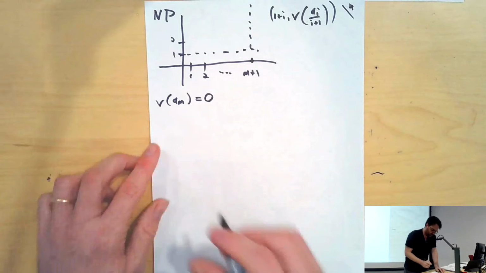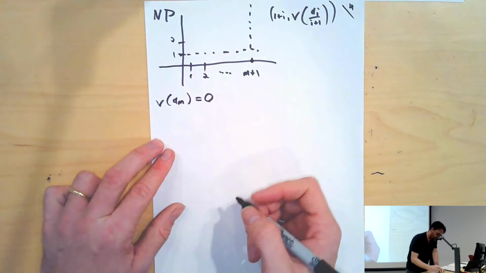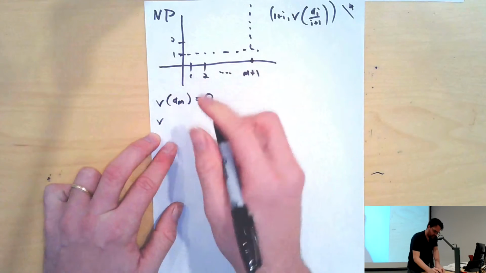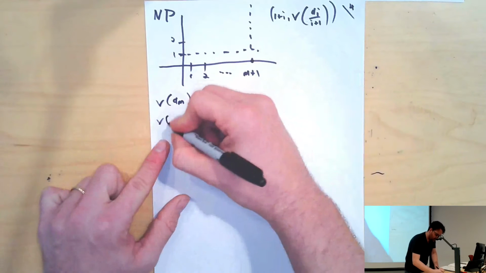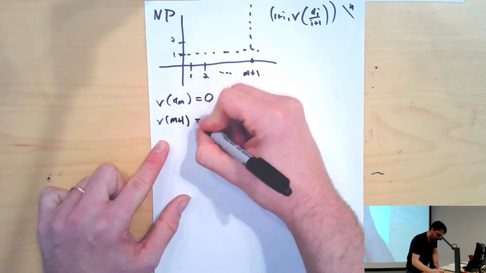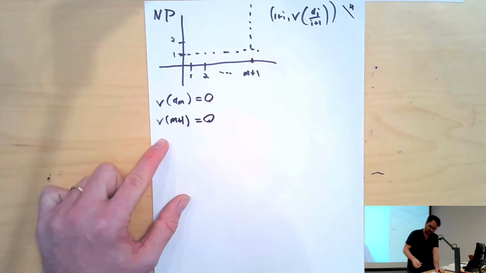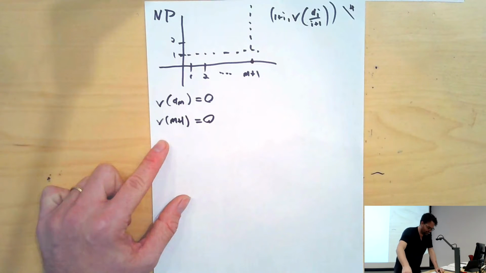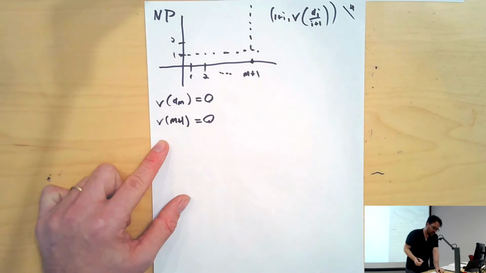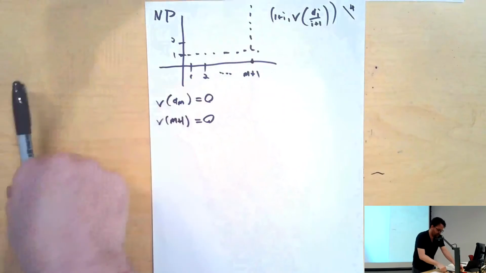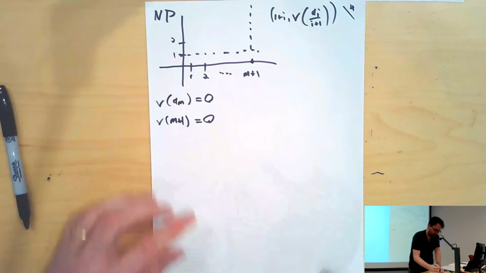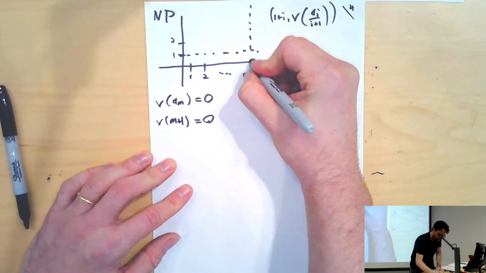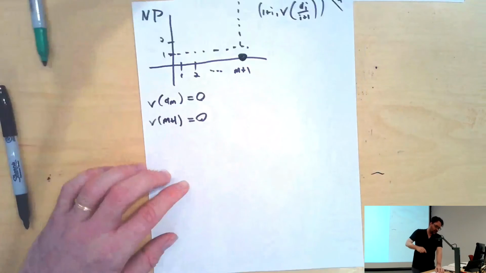Here's one of the two places it comes up in the analysis. The valuation of this denominator is 0 as well, because we forced it to be 0. p is greater than m plus 1. So in particular, when we draw the Newton polygon, we get one piece of information for free, although we've set up our hypotheses this way.